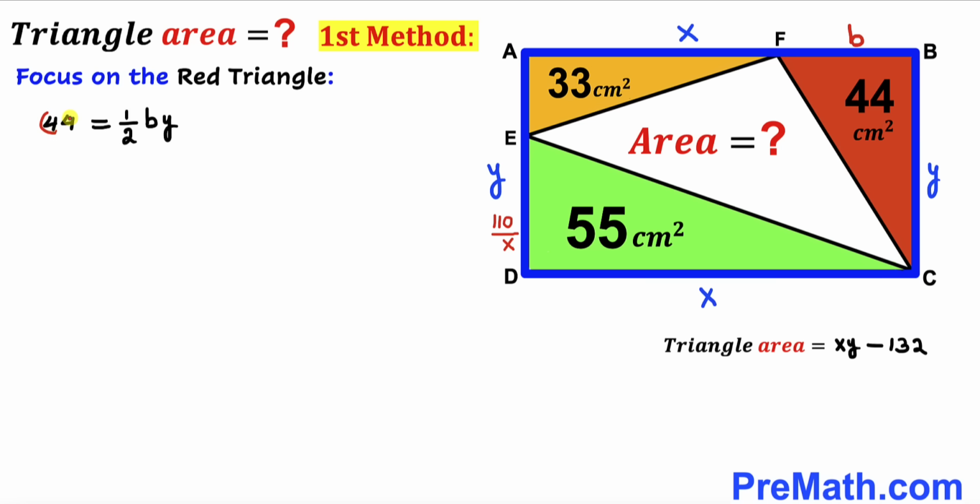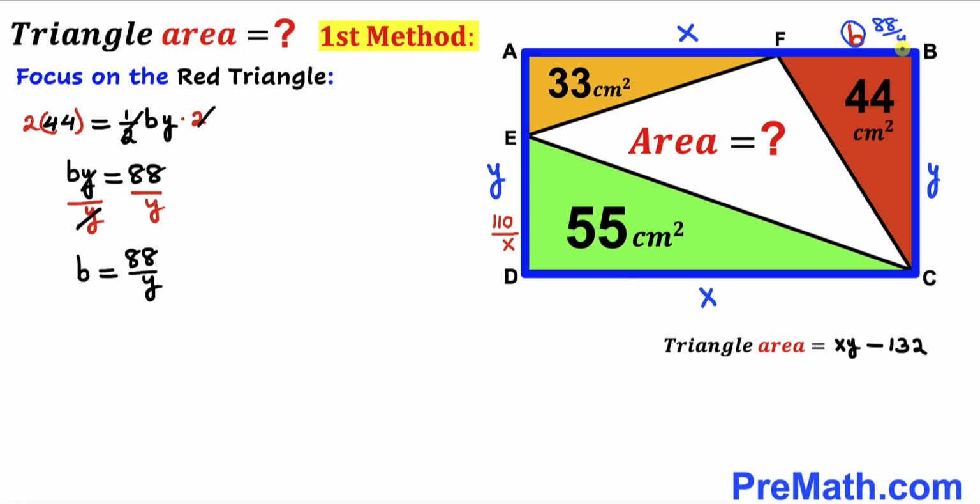I'm going to multiply by 2 on both sides to get rid of this fraction, so b times y turns out to be 88. Now I'm going to divide both sides by y, and the y and y are gone. So our b value turns out to be 88 divided by y.